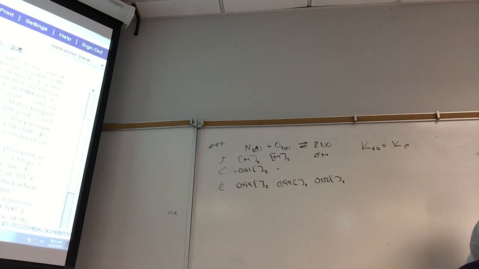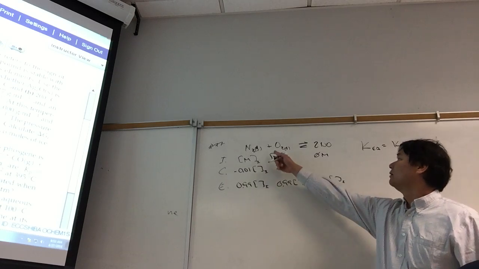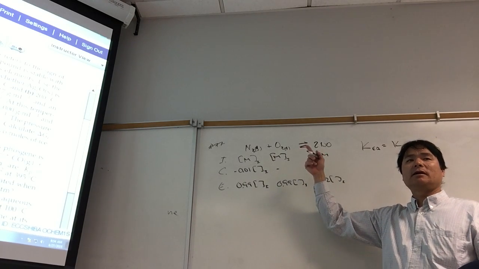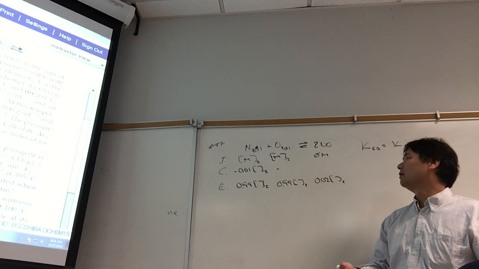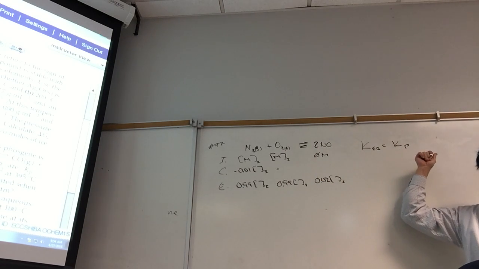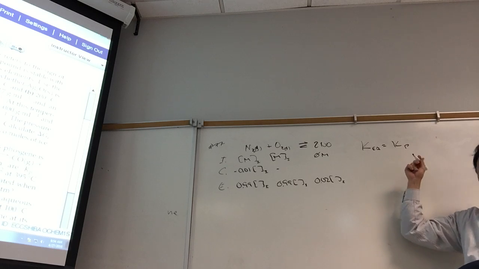Do you remember in chapter 15 when Kp and Kc are equal? What do you need to have in order for Kc and Kp to be equal? Delta n of gas. Delta n of gas here is 0, so that means RT drops out, equals 1, and then Kp and Kc are equal.